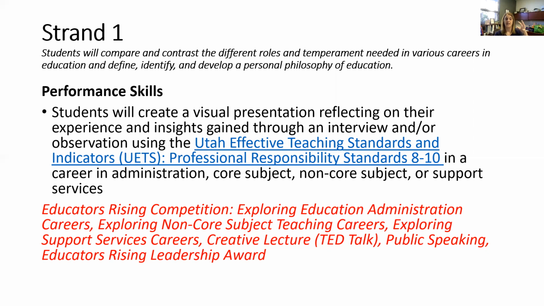So hopefully that doesn't confuse you about Educators Rising, but gives you a little bit more information about it. The competitions that they compete in depends on what they're interested in. And then when they compete at a state level, if they place first place, they're able to go to the national competition and compete there.